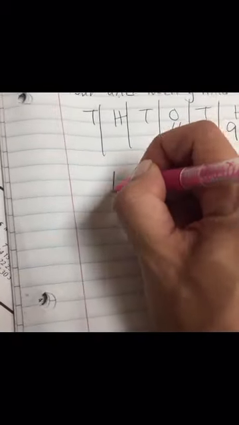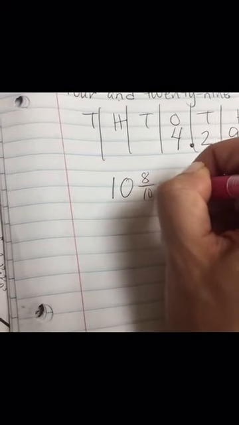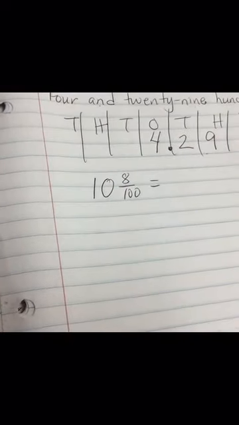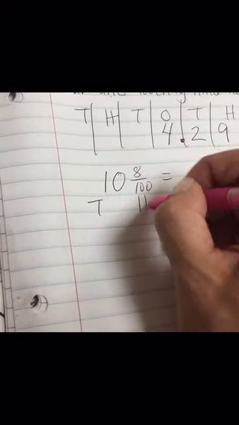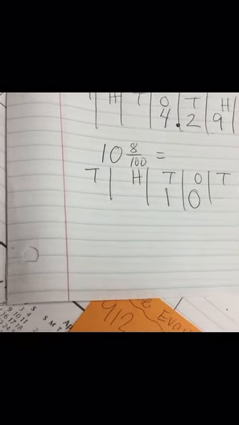They'll also give them some in this format and ask them to write it in standard form. And in that case, again, we have our Hungry Tiger chart or the place value chart. The 10 is the whole number, so we will go ahead and put it there before the decimal.